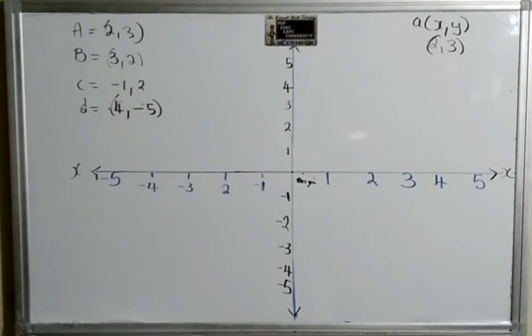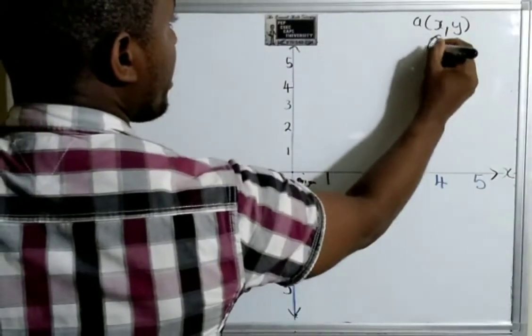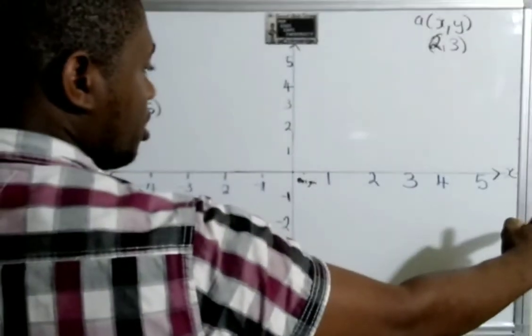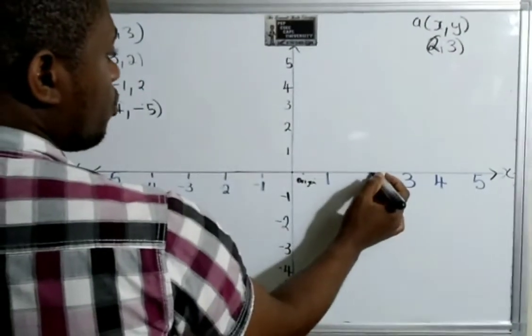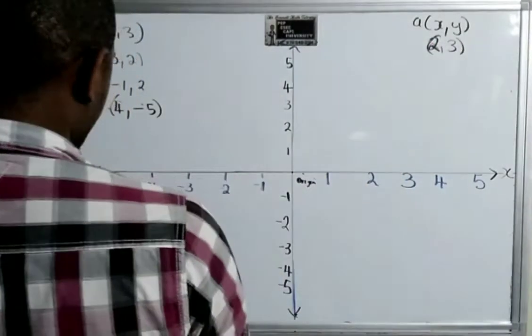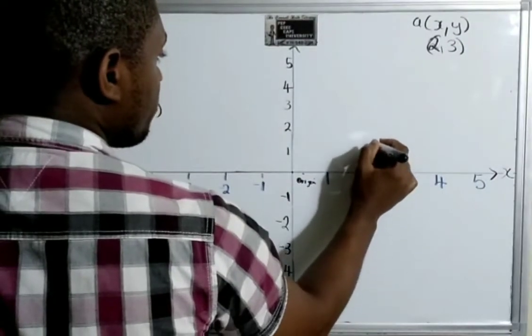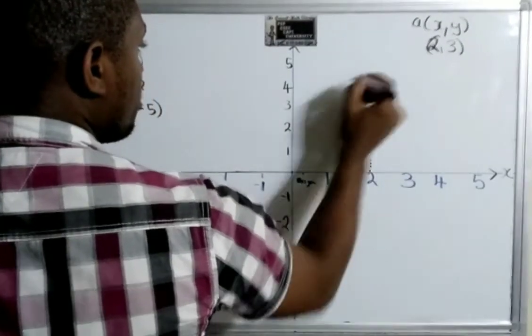Now there's a simple way to do this. The fact that x is 2 and the x-axis runs horizontally, what we need to do is find positive 2, which is right here, and then from there we find positive 3. So we just draw a little dotted line. This is how my 7th graders do it.